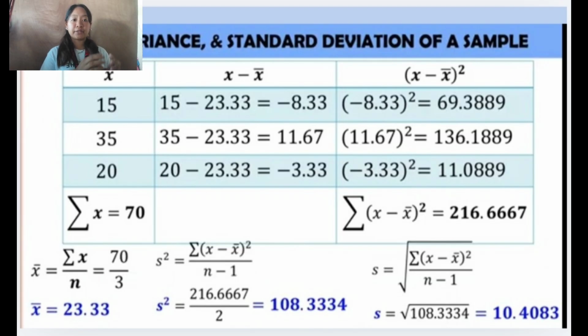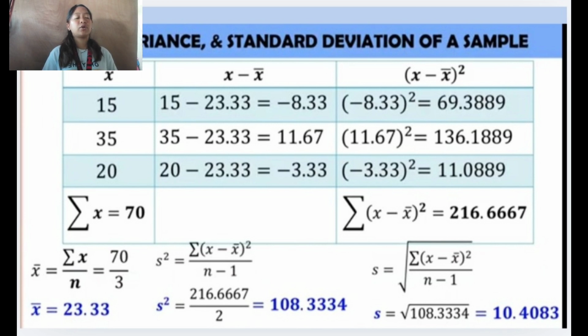Then we proceed to the third column, which is x minus sample mean squared. Our first value is negative 8.33, and we need to square it. Negative 8.33 squared equals 69.3889. Squaring 11.67, we get 136.1889. And squaring negative 3.33, we get 11.0889.